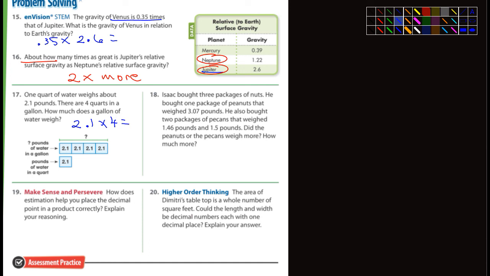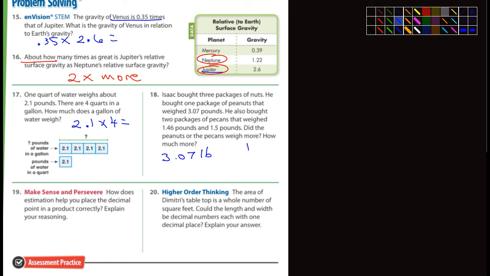Number 18. So Isaac bought 3 packages of nuts. He bought 1 package of peanuts that weighed 3.07 pounds. So 3.07 lb, that means pounds. And then it says he also bought 2 packages of pecans, one that weighed 1.46 and the other one 1.5. And it says, did the peanuts or the pecans weigh more? So now we got to add up the pecans.